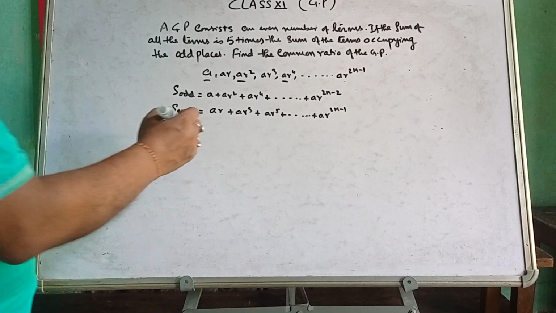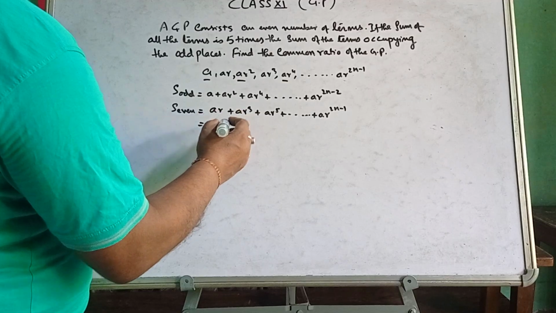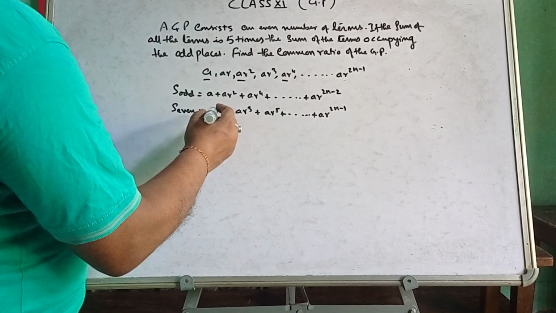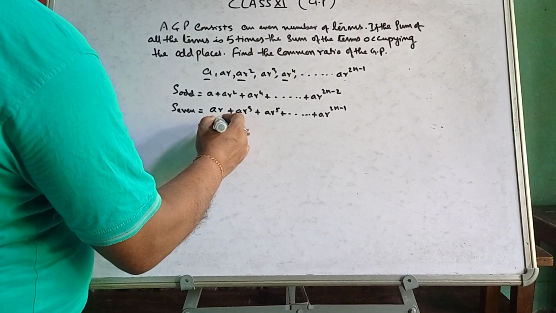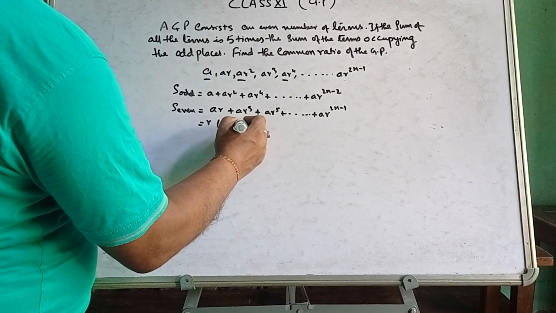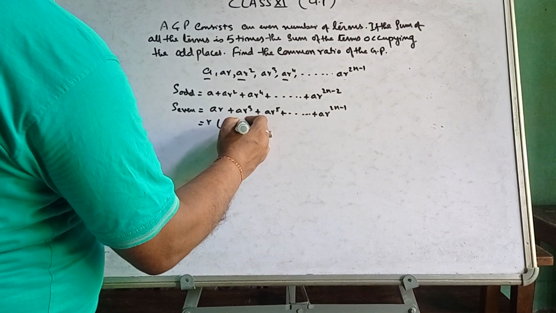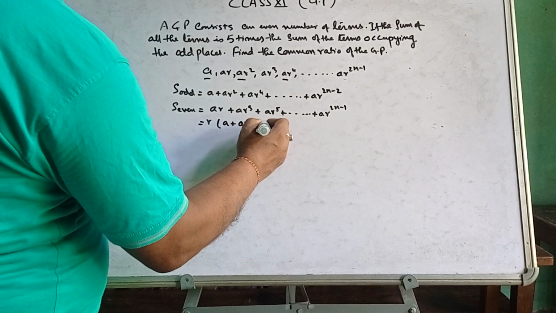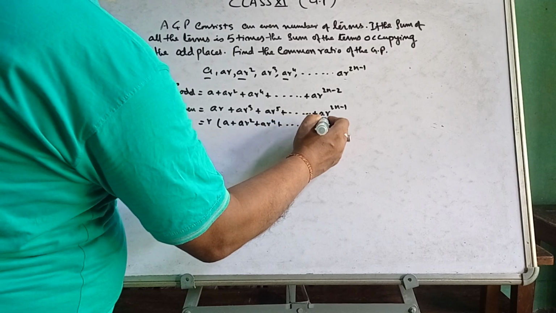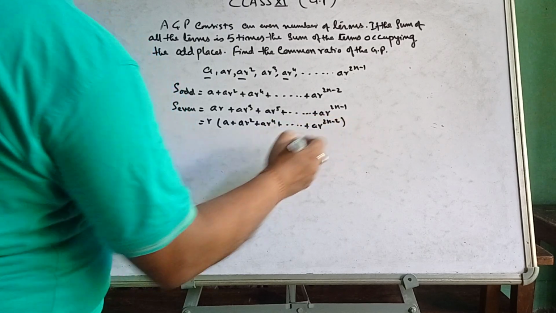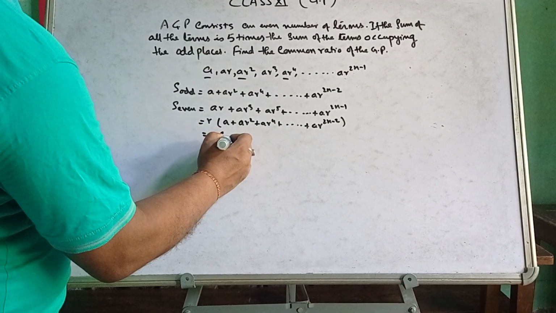So now here, if you take r common, this will be a plus ar square plus ar4 plus up to ar to the power of 2n minus 2. So this becomes r times the S odd.